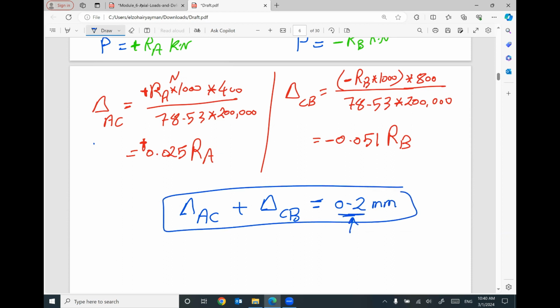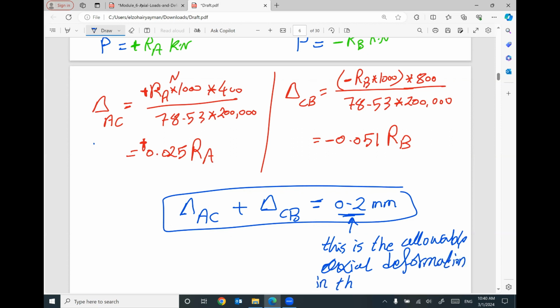This is the allowable axial deformation in the whole shaft.